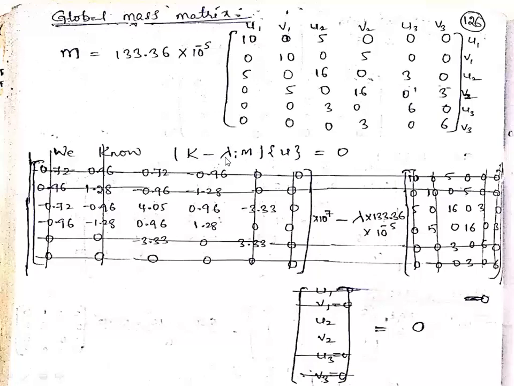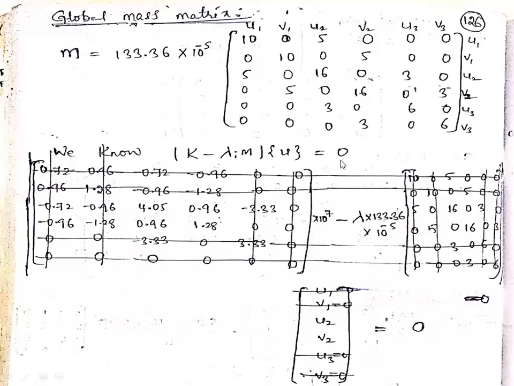If you multiply this constant with the 6 by 6 matrix, you get lambda m as a 6 by 6 matrix. So k minus lambda m is a 6 by 6 matrix minus a 6 by 6 matrix, and you will get a 6 by 6 matrix. Then you take the determinant of this and equate it to 0.